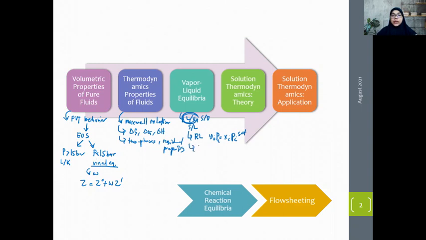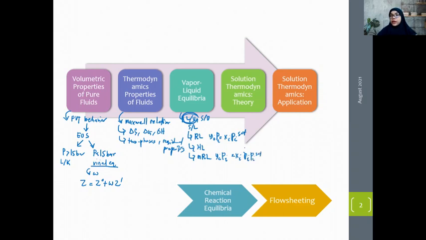And then we learned about Henry's law. For Henry's law, in the liquid phase, one of the components has a diluted concentration compared to other components. And then we introduce the activity coefficient through the modified Raoult's law.